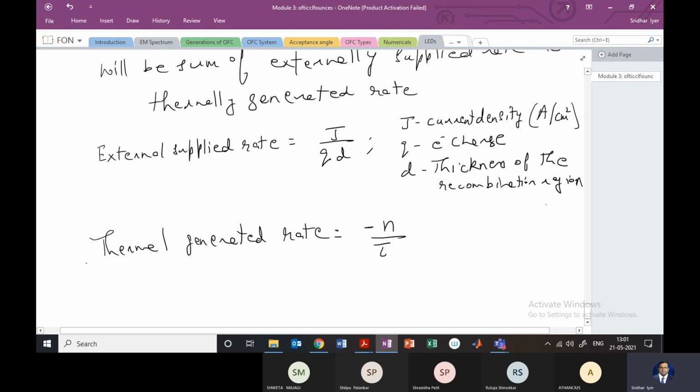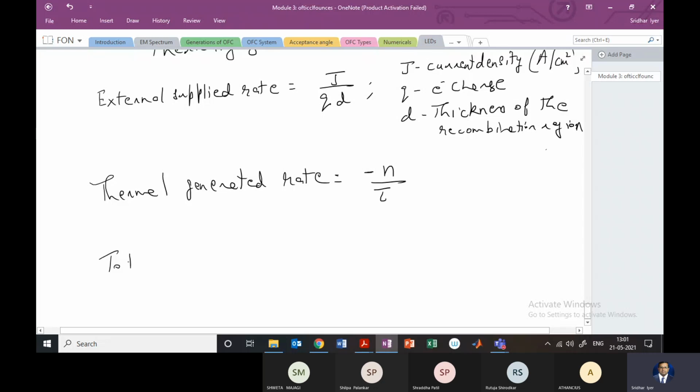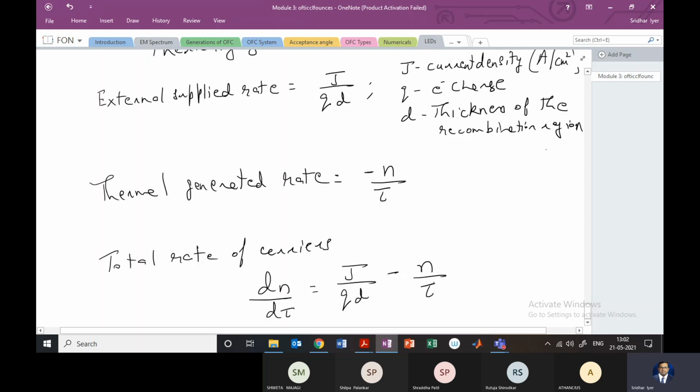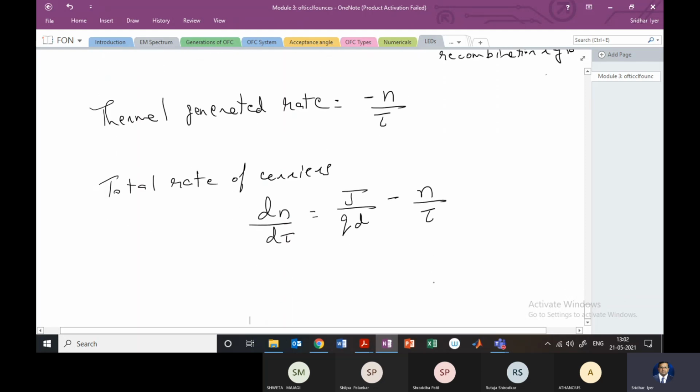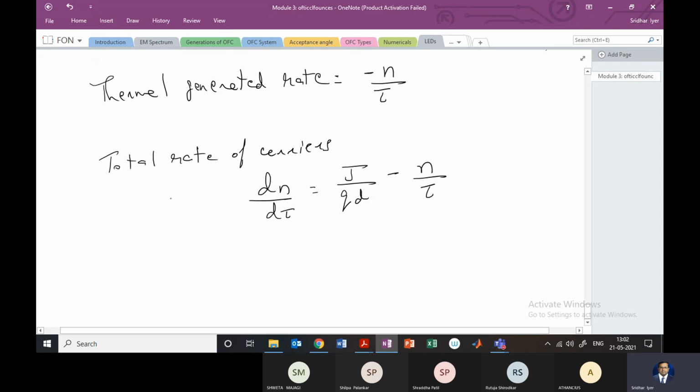So we define the total rate of carriers as a differential dn by dt, because with time this is changing. So we are going to have j divided by qd minus n divided by tau, the sum of the two supplied rates, right? Now this is an important equation, this will help us later on. So this is the total rate of carriers.